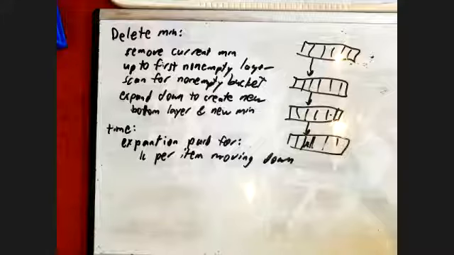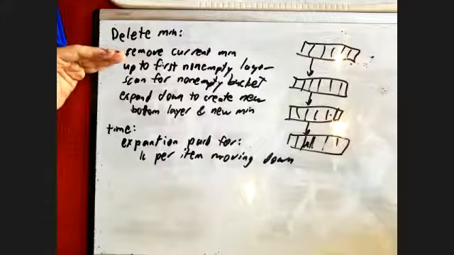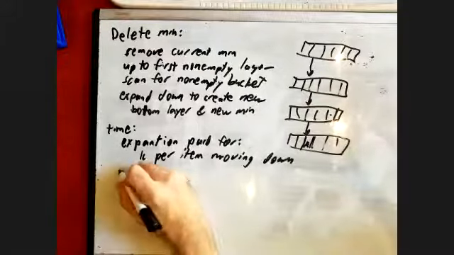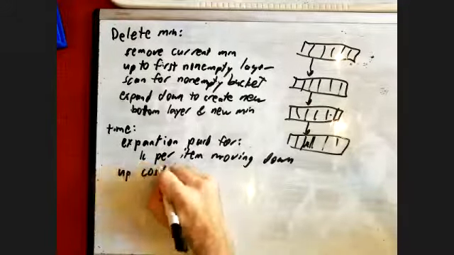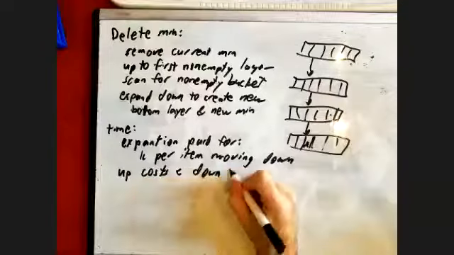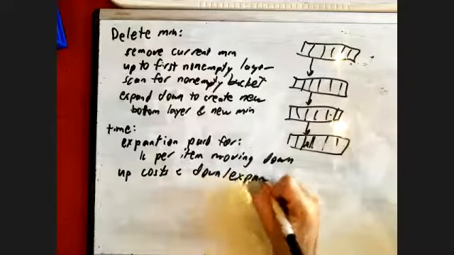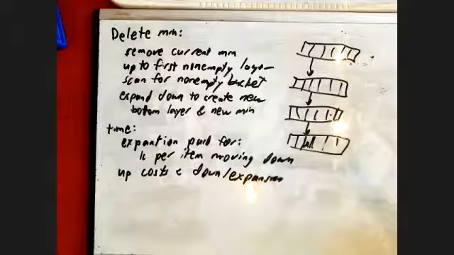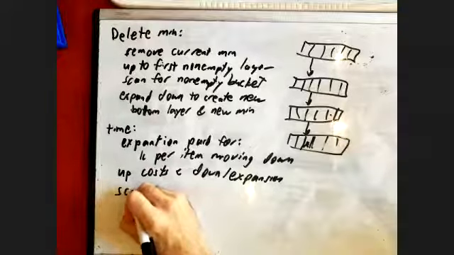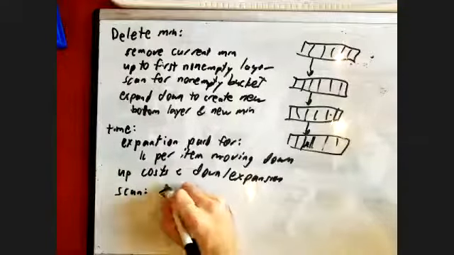So all that's left is going up to the first non-empty layer and scanning for the non-empty bucket. Now the up costs less than the down that we do when we're expanding things, so we can ignore the up as well. And that means that the only cost we actually have to pay for is the scan, which is delta.